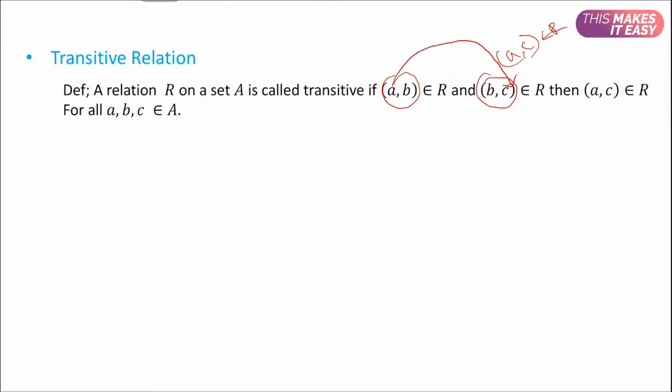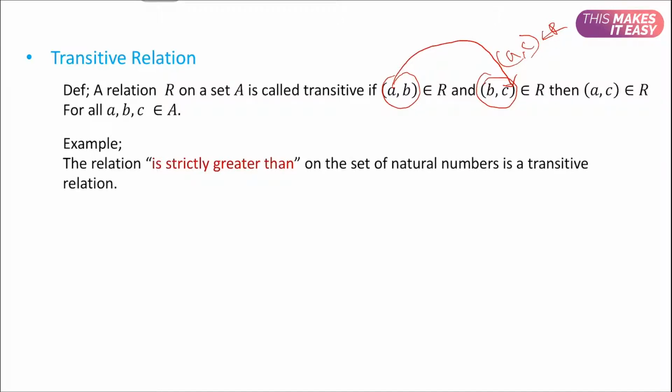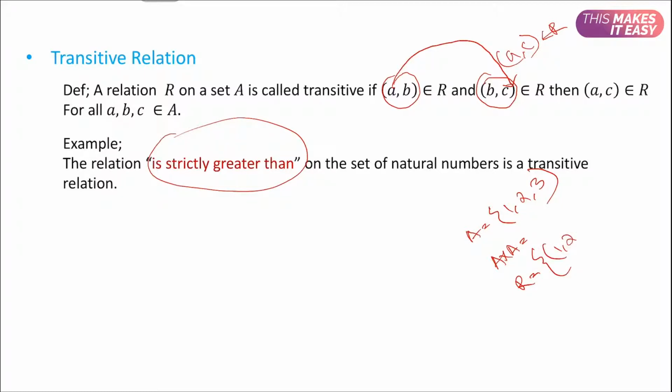Let's take an example. The relation "strictly greater than" is basically a transitive relation on the natural numbers. We have a set {1, 2, 3}. We take the Cartesian product and then we define a relation. So we get a relation like this: (1, 2), (2, 3), then (1, 3).